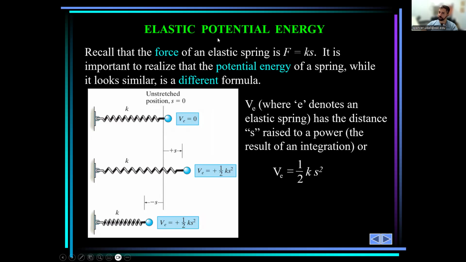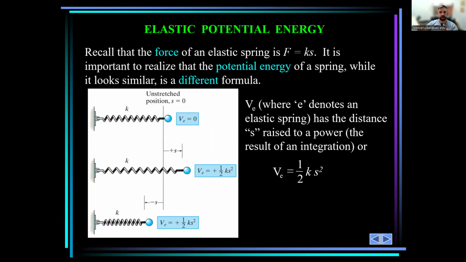Now, potential energy for a spring, again, we've got 1/2 ks squared, but this time instead of saying we're having work done by a spring, we're saying it's potential energy stored up in a spring, right? So that's different than the spring pushing with a force times a distance, right? We still have the 1/2 ks squared because as the s changes, so does the force, right?